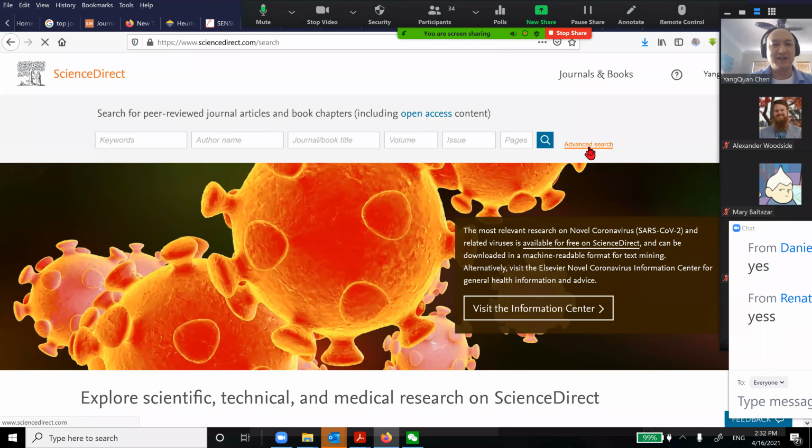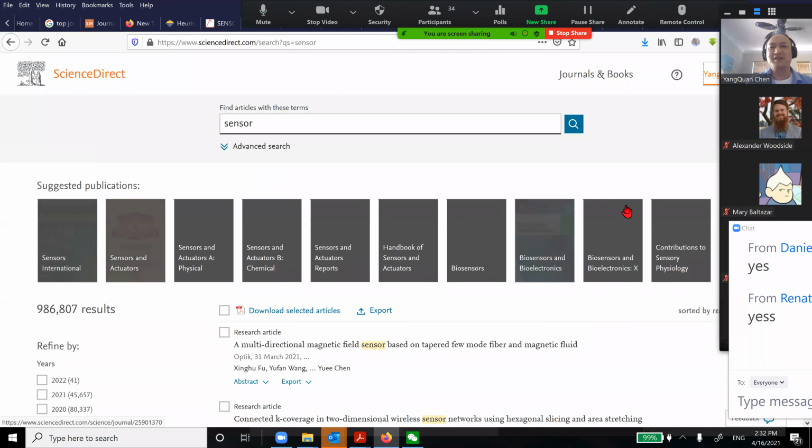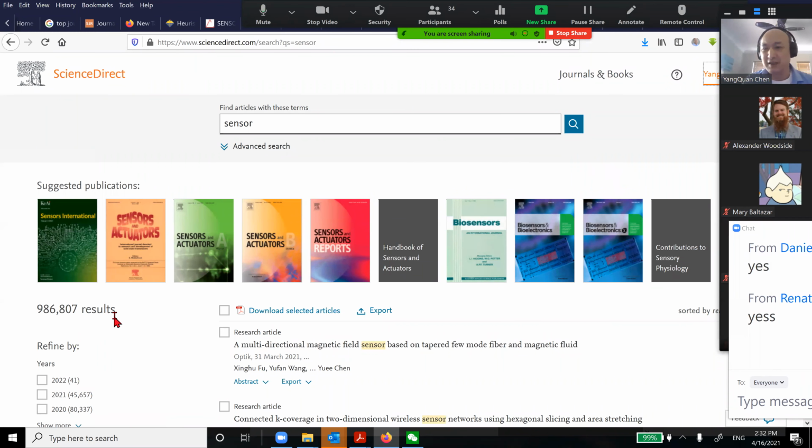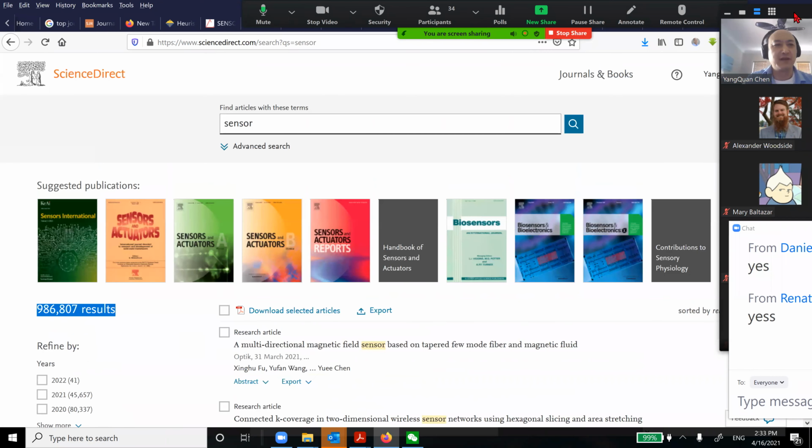You can do advanced search, okay? Say for example, article within the article we have sensor. So let's see how many things we are going to get. Last time I checked, it's near 1 million. So these are all peer-reviewed journal articles, okay?